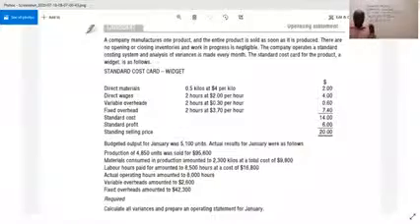They have given us the standard cost card for the product, which is a widget. The standard cost card is giving us direct materials, 0.5 kilograms at $4 per kilogram.